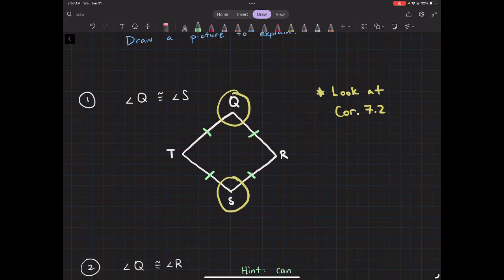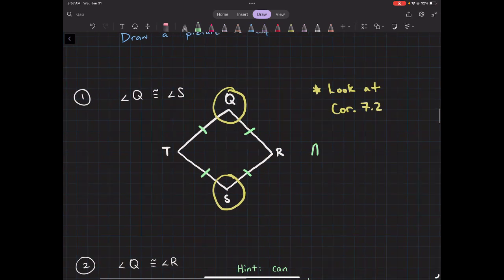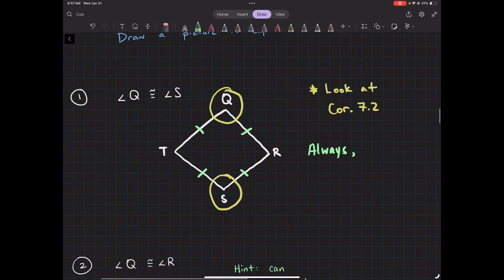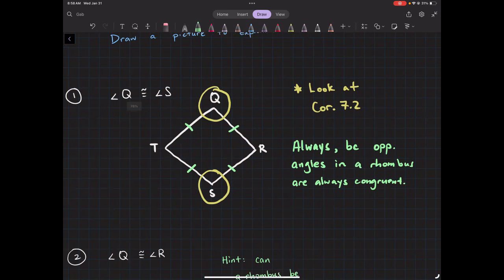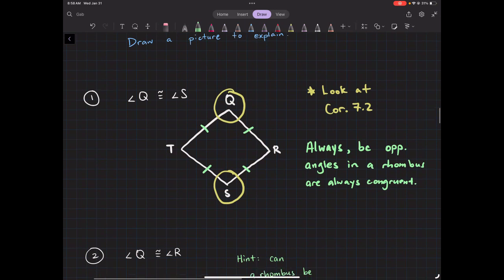So you'll say always, and then you'll just say your reason: because opposite angles in a rhombus are always congruent. Okay, so that's the first example.